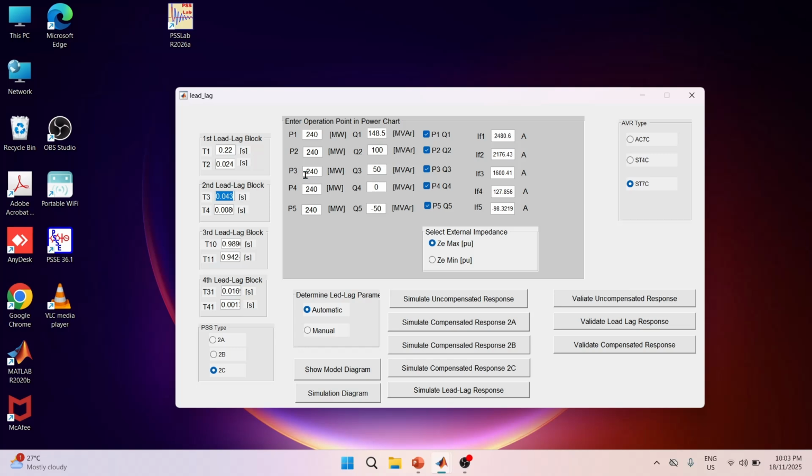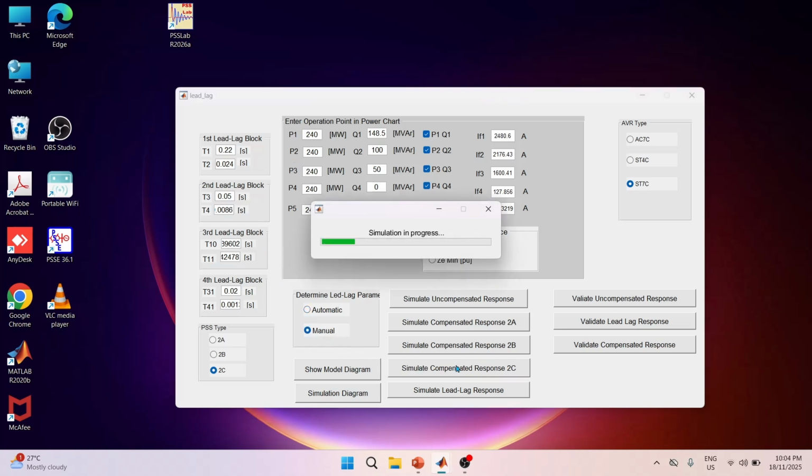Increase T3 in the second lead lag block from 0.043 to 0.05 and increase T31 in the fourth lead lag block from 0.0169 to 0.02. Then click on Manual and click on Simulate Compensated Response 2C.